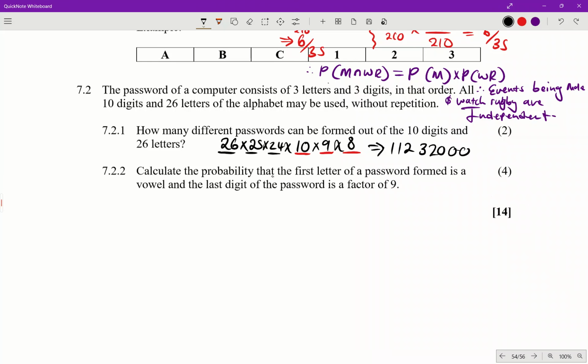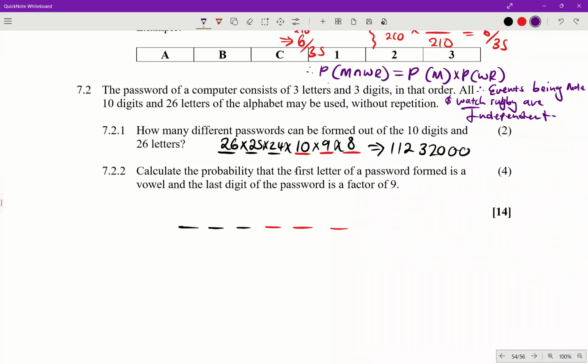Vowels, remember, are the letters that you can sound without closing your mouth. Try that alone. You'll see that you won't close your mouth. So calculate the probability that the first letter of a password formed is a vowel. Remember, 3 letters, 3 digits.